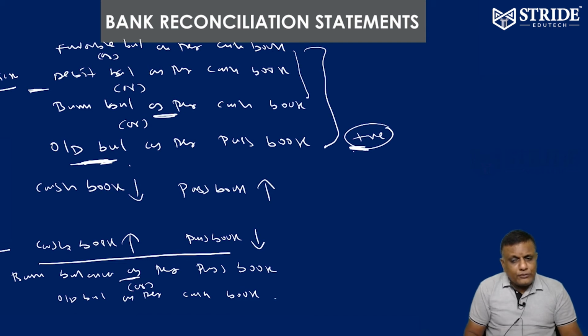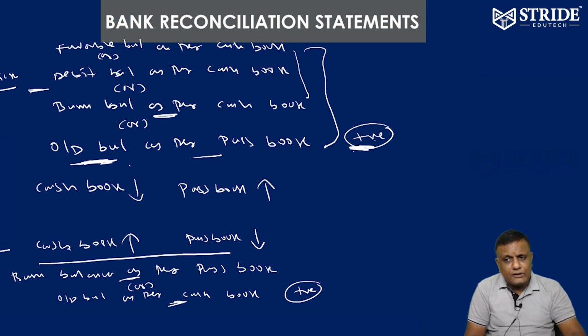Suppose the same positive comes now, it is called OD balance. Suppose you treat OD balance as a positive figure, say 2300 OD balance positive. Suppose again the positive comes, you can treat it as OD balance as per cash book.